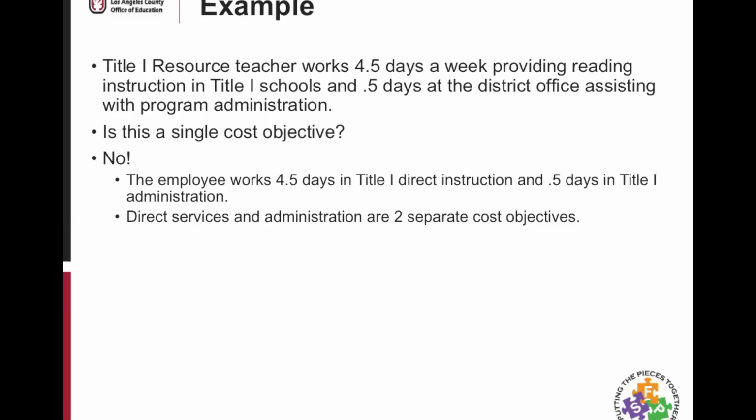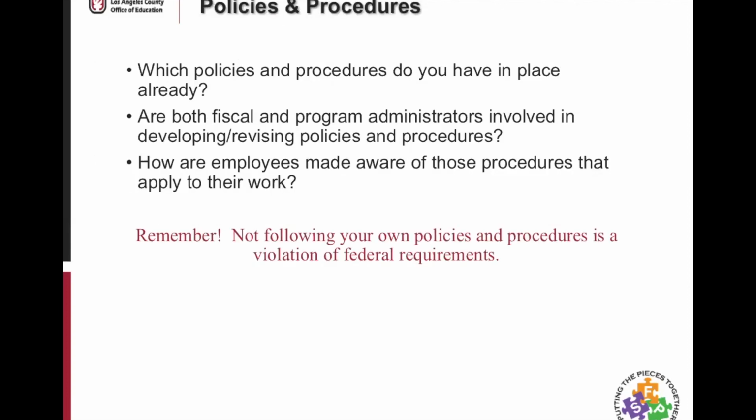All right. I think we have one more. Okay. So policy and procedures is huge. It is foundational to the grants guidance and to internal controls. But the takeaway to look at of the policies and procedures we talked about: do you already have them in place, and are both parts of the office, the fiscal and program administrators, involved in developing those policies?